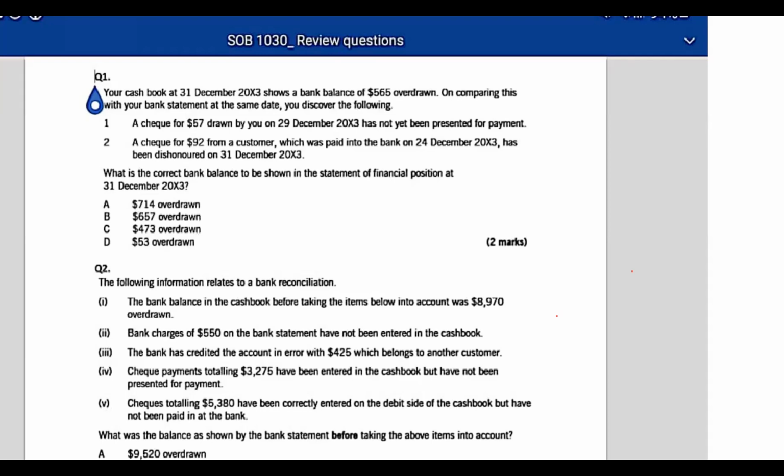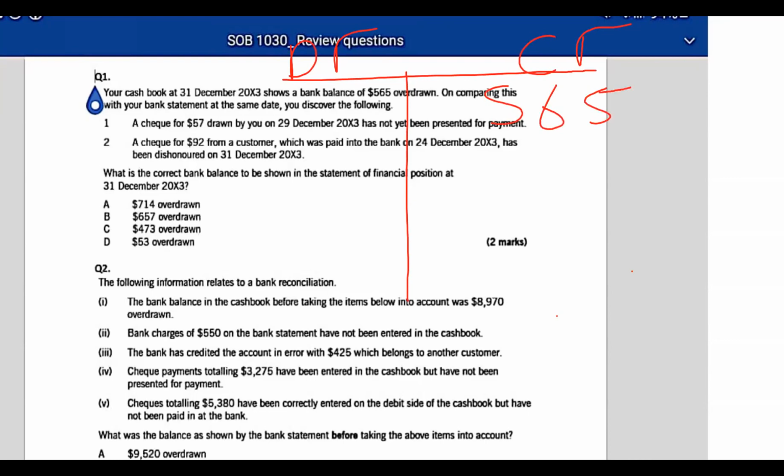Interesting. Any other? From the, I think we have an overdraft, which means we are on the credit side. It means the bank has got no money, so it's sitting on our credit side.